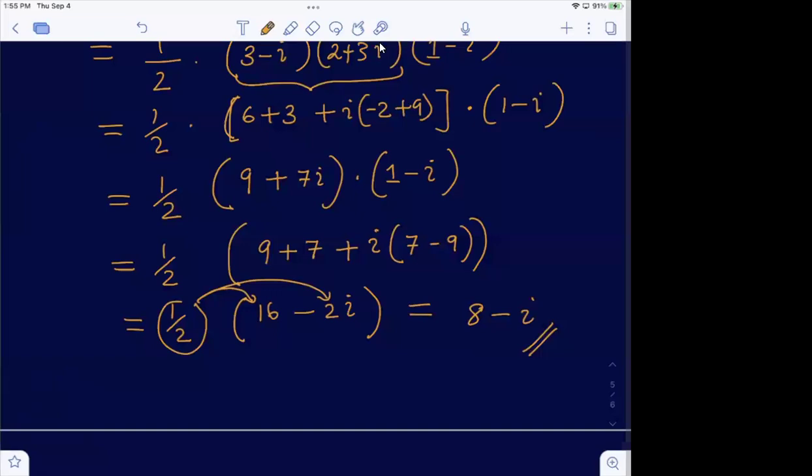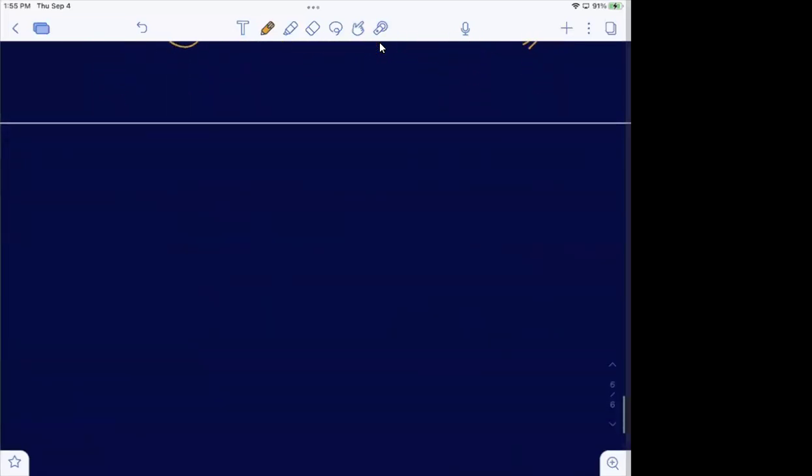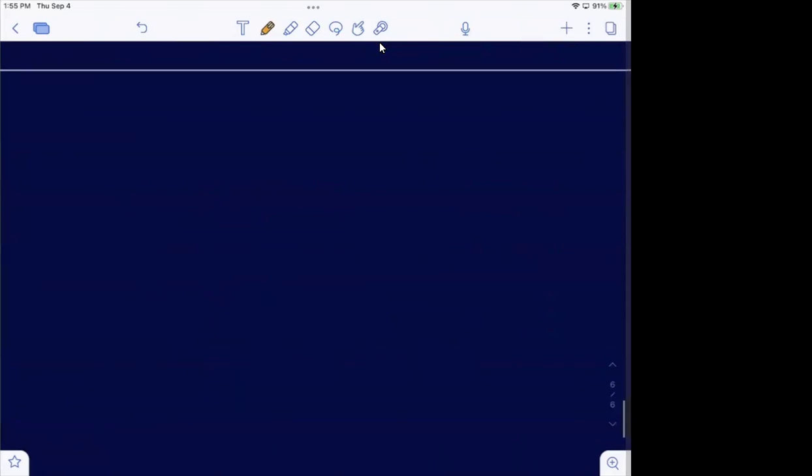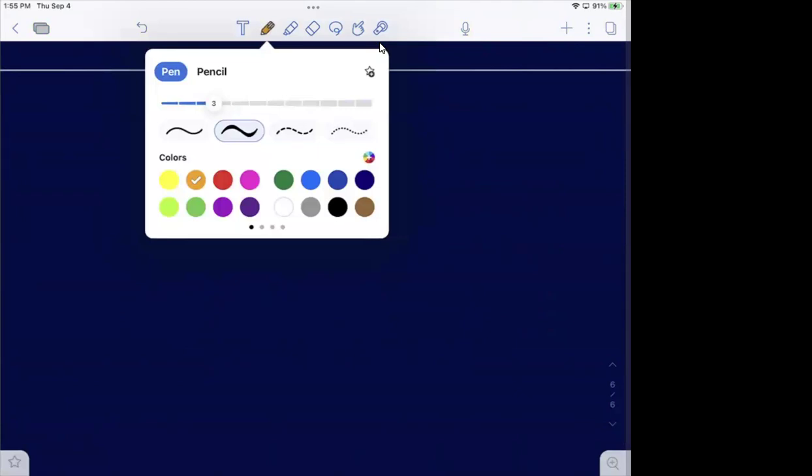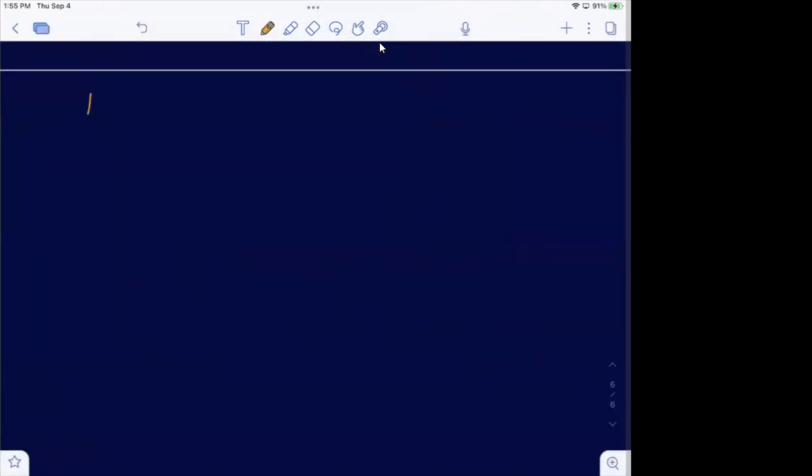All right. Before proceeding with further examples, let's work with a few properties related to the complex conjugate.